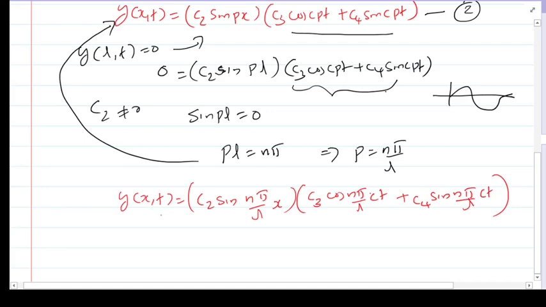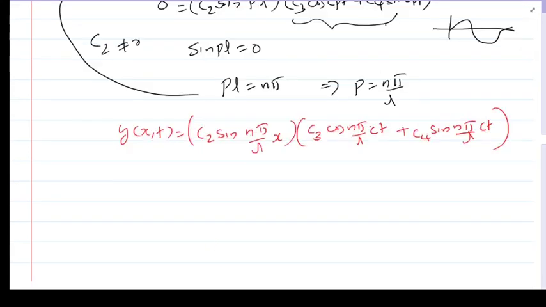So this is the solution. Now I take the other case, the next stage.